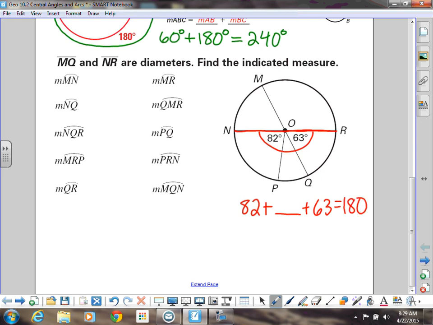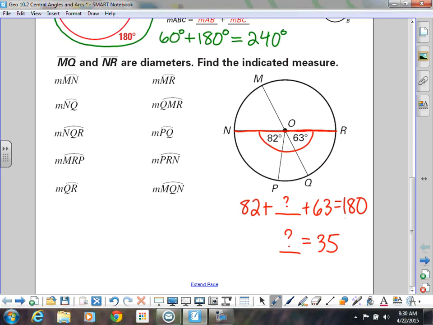I'm going to subtract 82 and 63 from both sides, and the one I didn't know is 35 degrees. I did that by doing 180 minus 82, and then minus 63, and that gave me 35. So I'm going to put 35 degrees right here, actually closer.